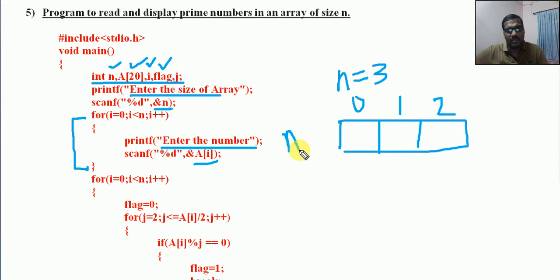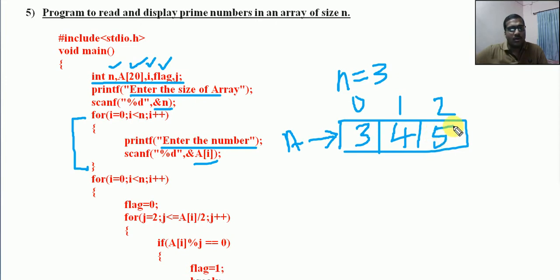So a is the array variable that points to the base address. Then at the 0th location, assume that I am reading a value 3, for example. Then here I am reading the value 4. Then here I am reading the value 5.